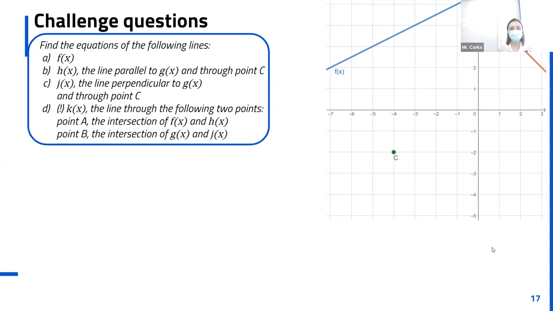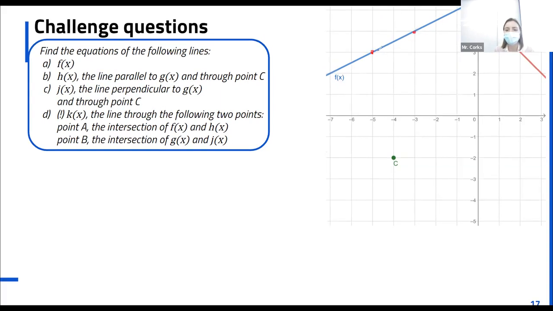So here, to solve the first one, to find the equation of f(x), you need to use the slope. You can choose a first point and a second point, (x1, y1) and (x2, y2), and get the slope.